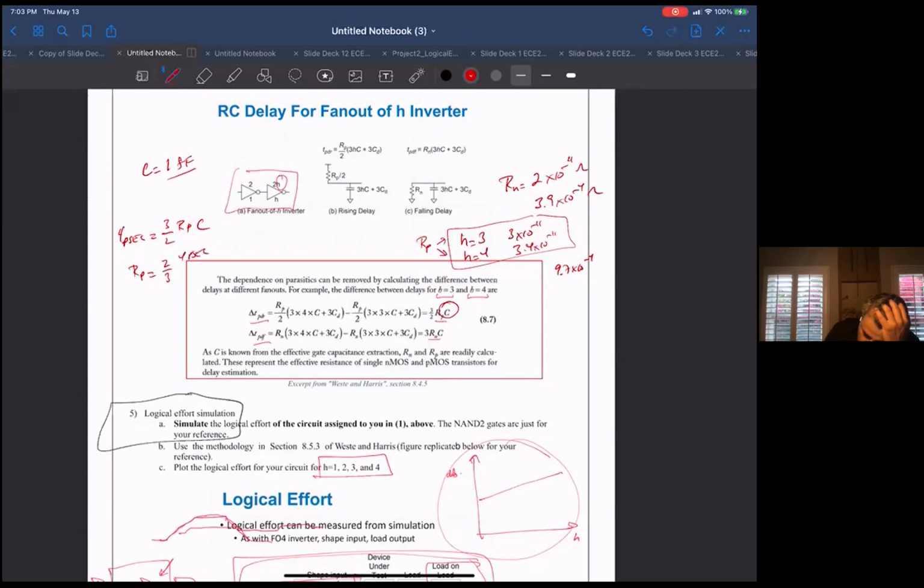4 picoseconds divided by 1 times 10 to the minus 15. Let's see, what does that give us? Well, let's do this the brave way.